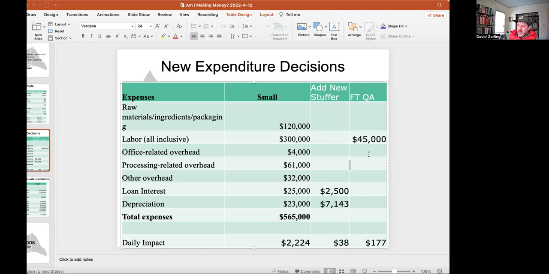When you're talking about the $38 a day, is that $38 margin that you need to make additionally? Yes, it is margin that you need to make additionally.